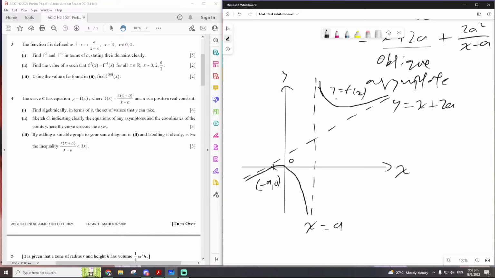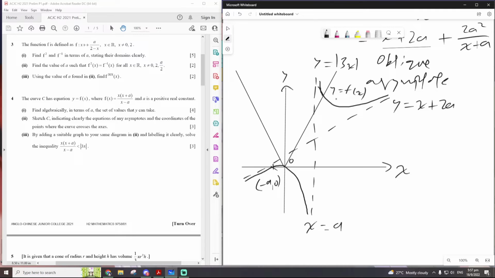By adding a suitable graph and labeling clearly, solve this inequality. Okay, I think it's pretty obvious what graph we need to draw here, right? It's y equals mod 3x, and we all know what that graph looks like. Y equals mod 3x, and it passes through the origin.